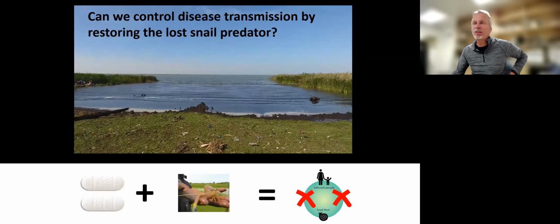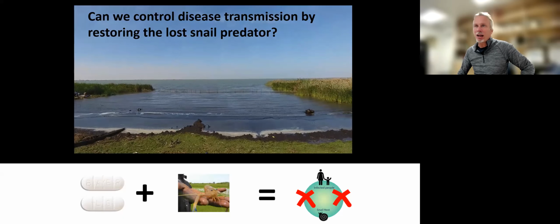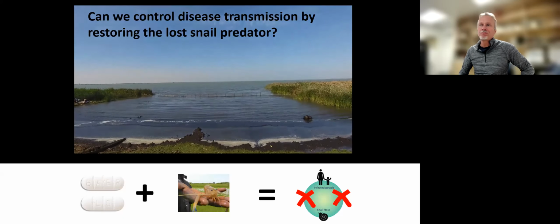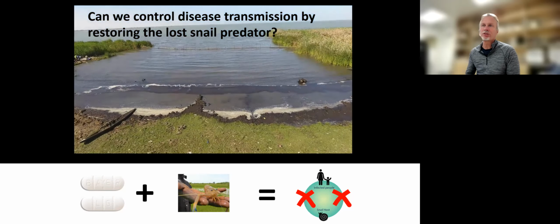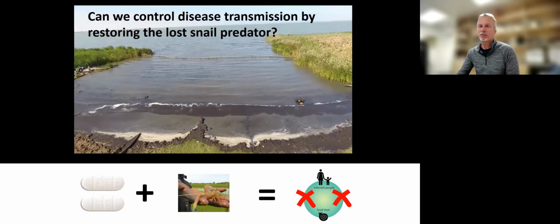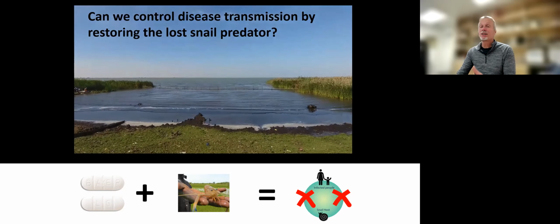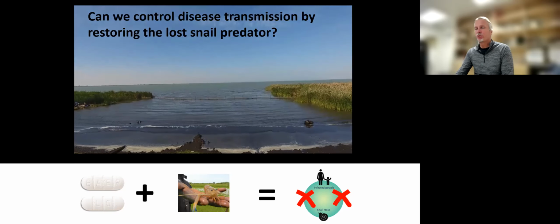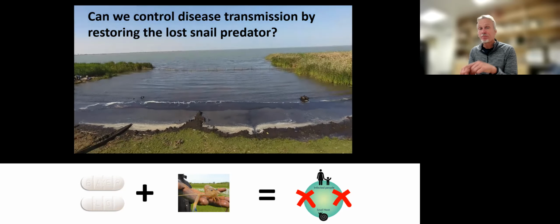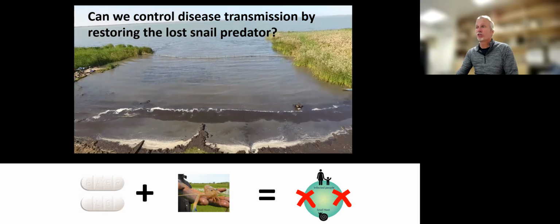So one of the things that we have been investigating in the past years is whether the control of disease transmission can be improved by also restoring the lost native predator. So basically, whether we can complement the drug administration programs by restoring the prawns, so that we can try to target both arms of transmission.